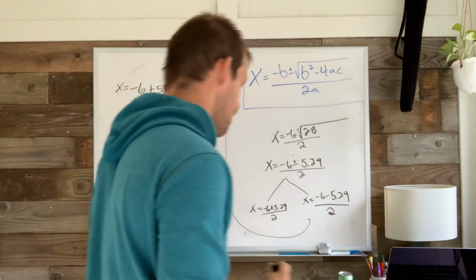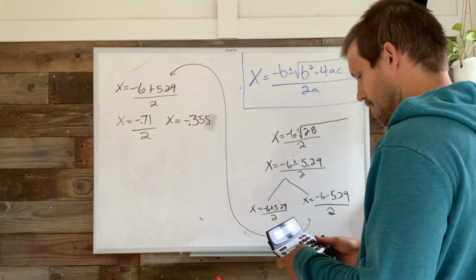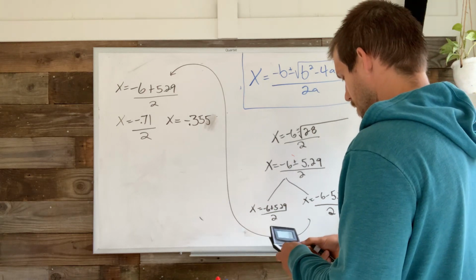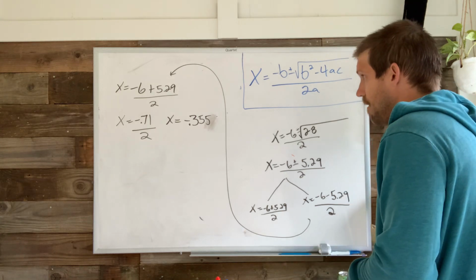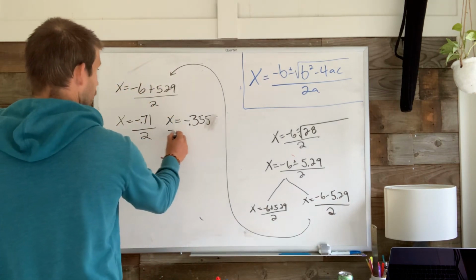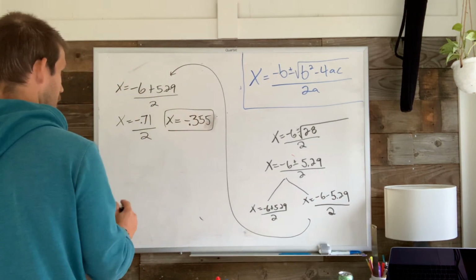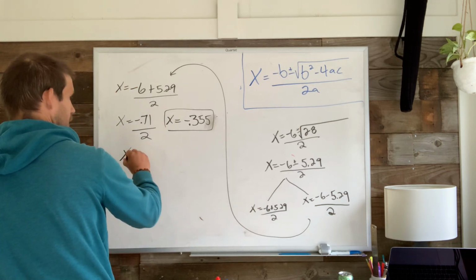I'm going to check my math there. Make sure I did that right. Yep, 0.355. Okay, so this is one of our x's that we figured out for the plus side.